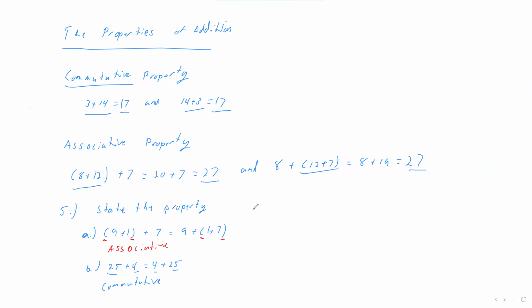Now, I did forget one rule. So here's 1, here's 2. Let me add this rule here. This rule is called the identity property. The reason it's called identity property is because when I add 0 to a number, it gives me the original number.